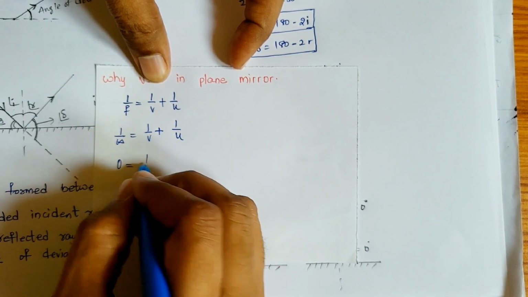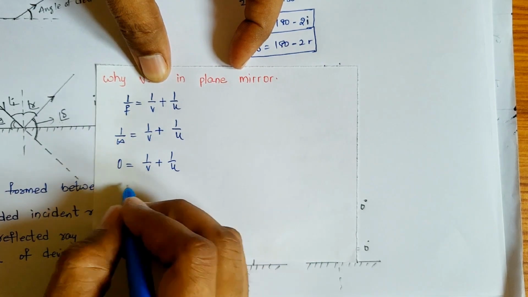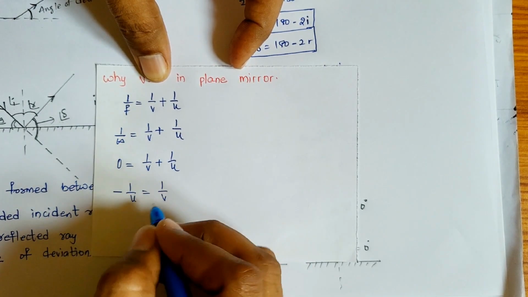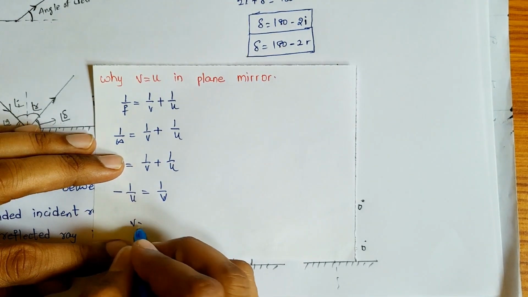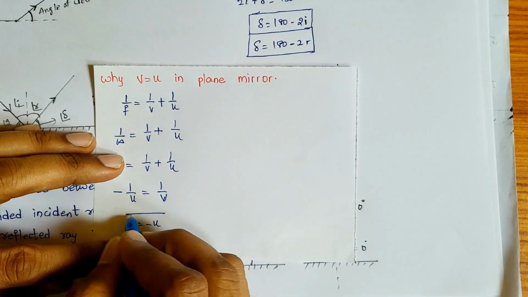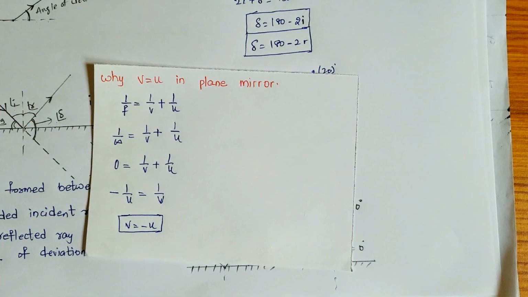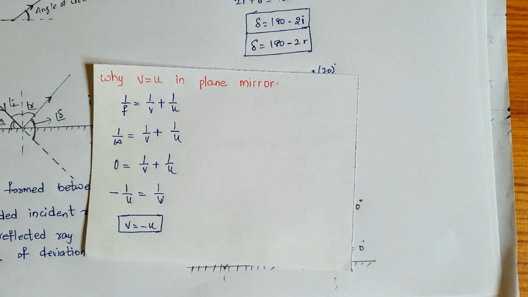So 0 is equal to 1 by v plus 1 by u. You send this 1 by u to this side. It becomes minus 1 by u is equal to 1 by v. If you cross multiply, it is going to be v is equal to minus u, or u is equal to minus v. So this is how v is equal to u in a plane mirror.